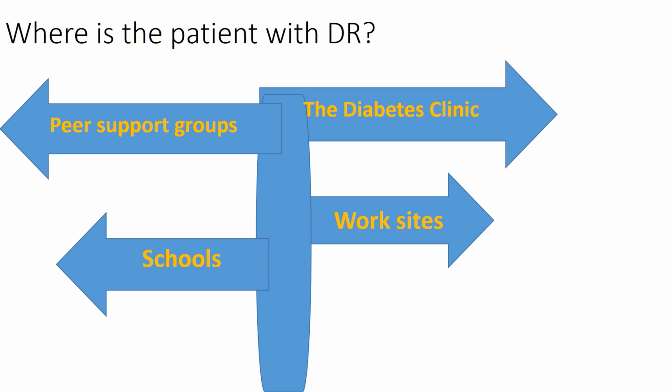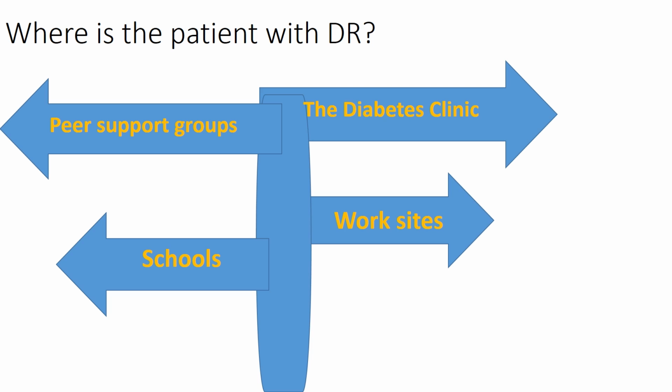To begin with, where is a patient with DR? Diabetes eye care services are mostly offered within eye care facilities. However, the majority of the patients who are at risk of DR do not visit the eye care facility. Instead, they can easily be found at the diabetes clinic.